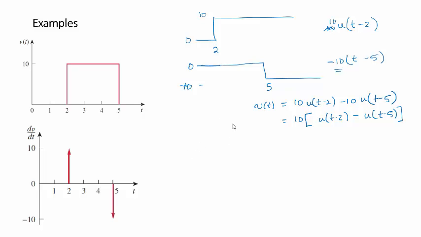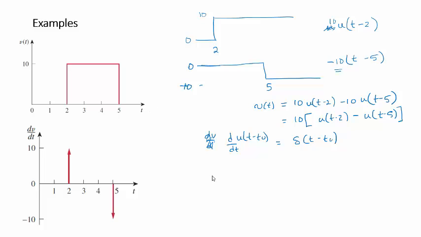We recall also that the dv dt, or the derivative of the step function, is an impulse function at the same place in time. So we can apply that to see what is the derivative of our voltage function.